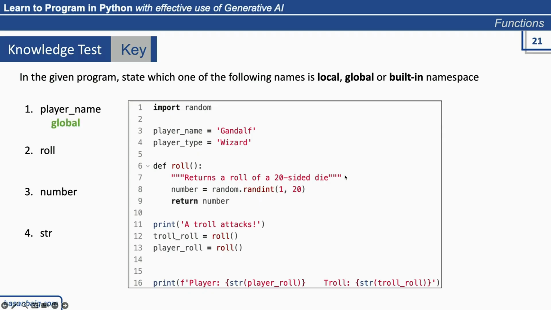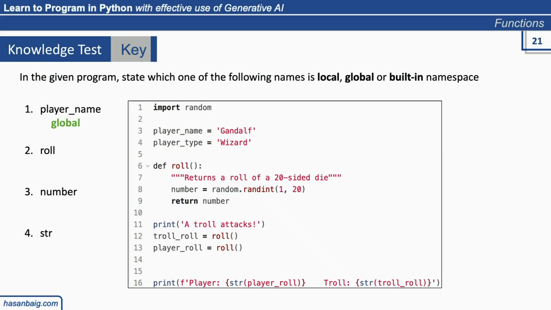What about role? Go ahead, don't shy. Built-in? Role, do you see the definition built-in somewhere? Do you see its definition?